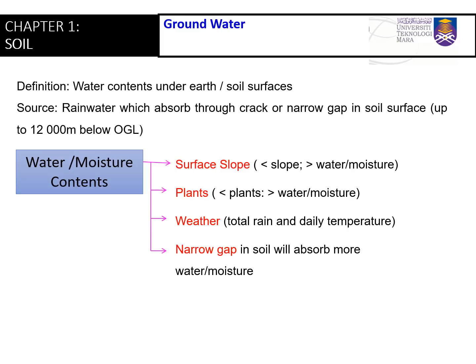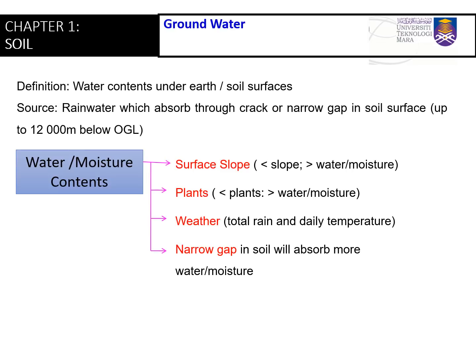And if you have plants, the lesser the plants, the more water or moisture, because plants hold the particles of soil and absorb water for their own use. And you have trees, because of the leaves on top, like the canopy. You have heard of canopy. In Malaysia, our forest has three layers, so we have the canopy at the top.